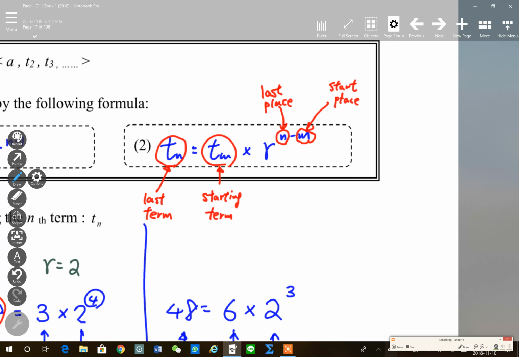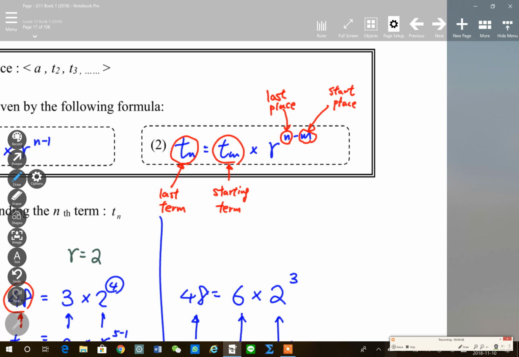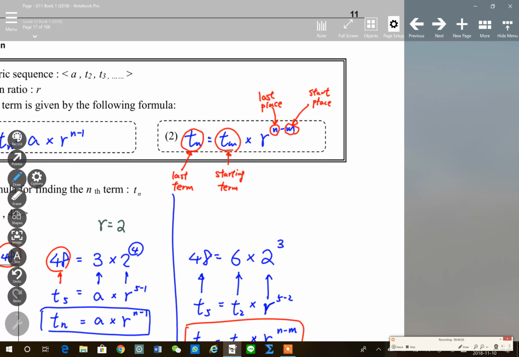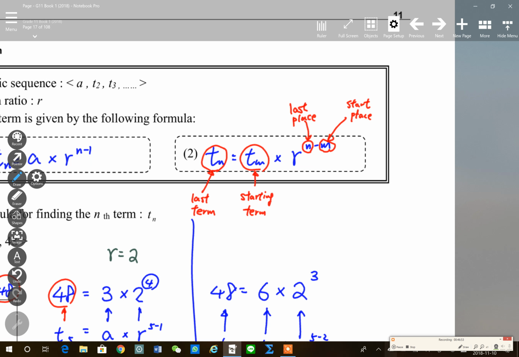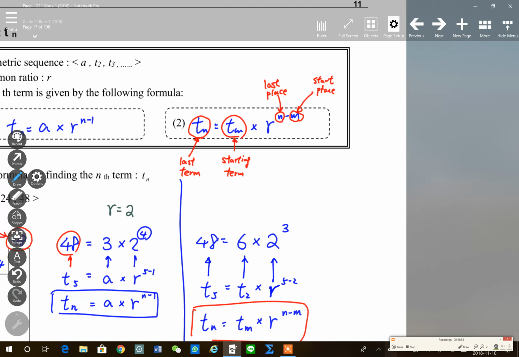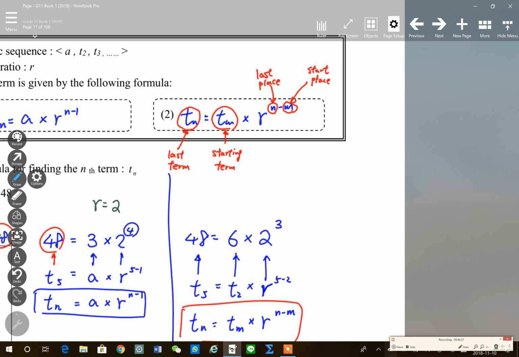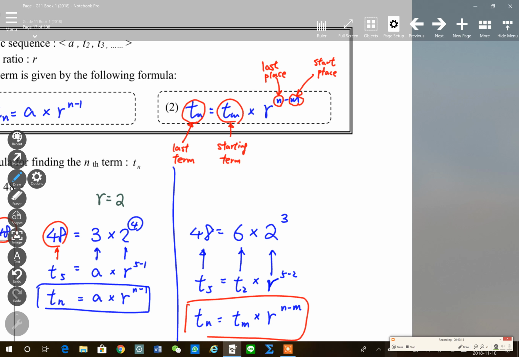So let's try a couple questions before the break. Everyone got it down? Any question on the formula?